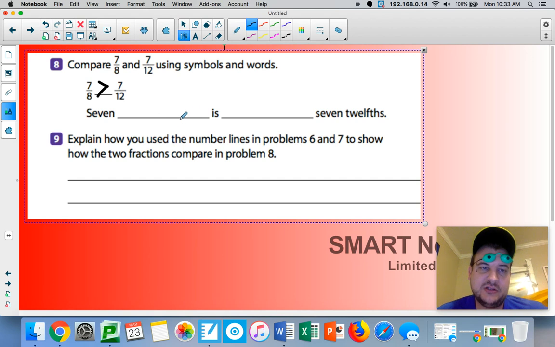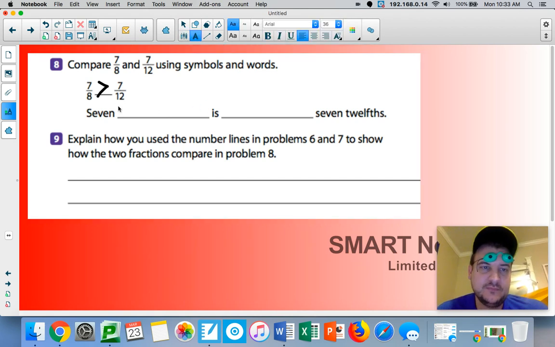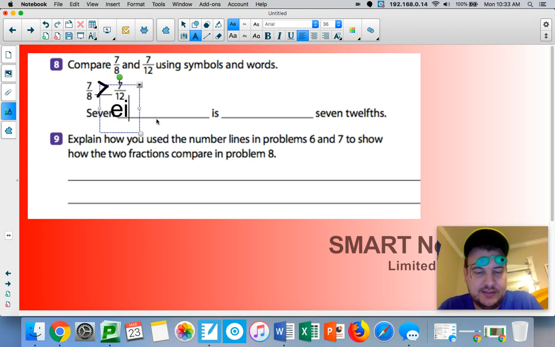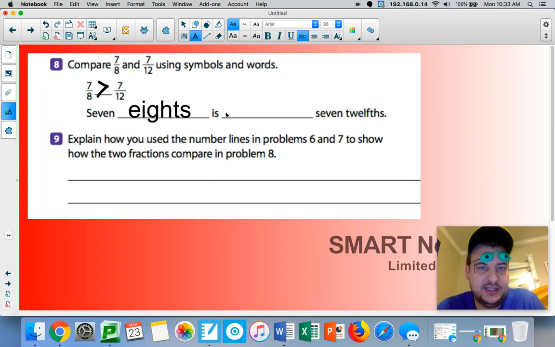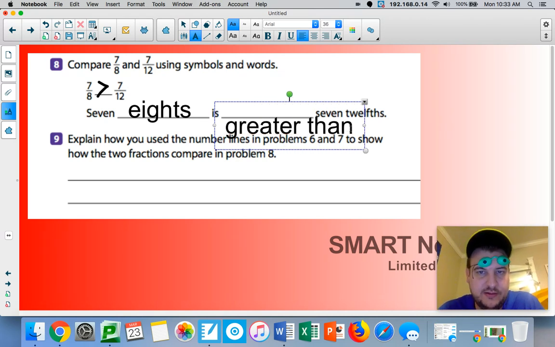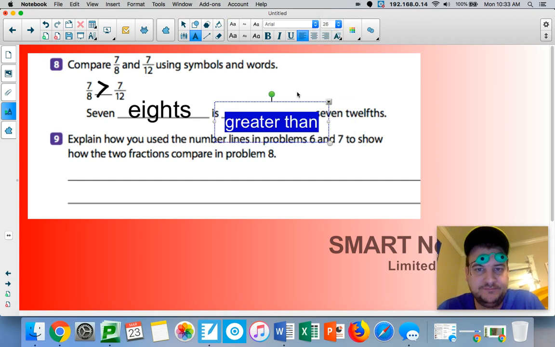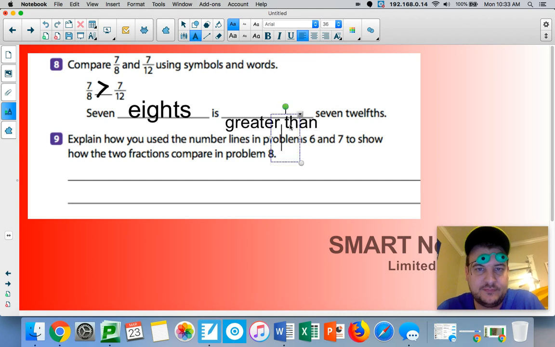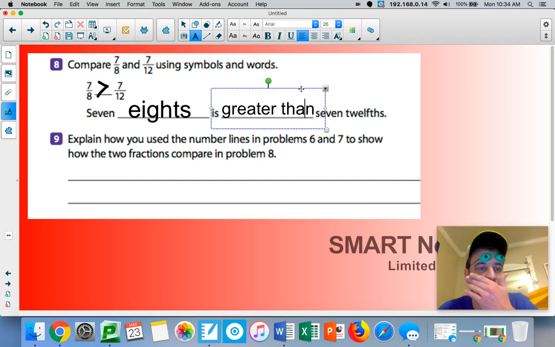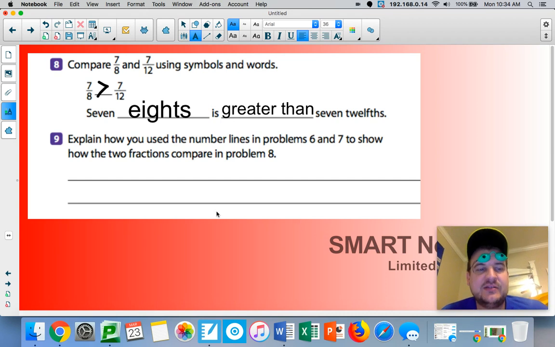So 7/8 is larger. So 7/8 is greater than 7/12.